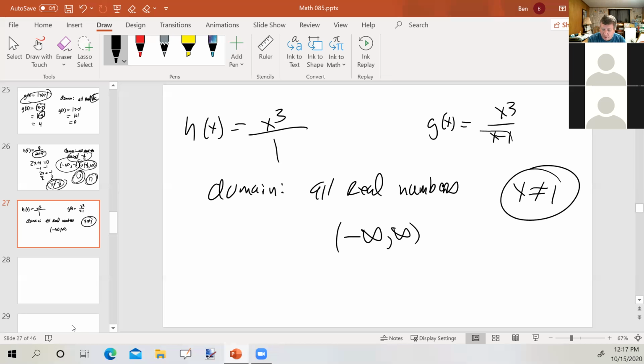Whereas here, because there's a variable in the denominator, there is a value of x we can put in there that makes the whole denominator 0. So you don't want to divide by 0. You can have 0 in the numerator, you just don't want to have 0 in the entire denominator.